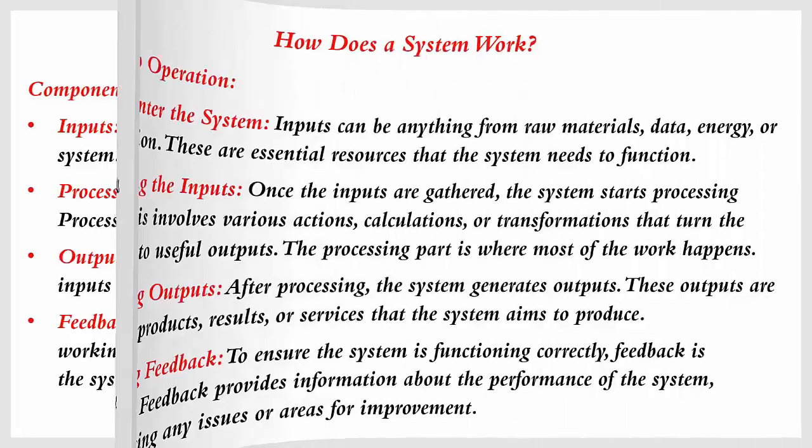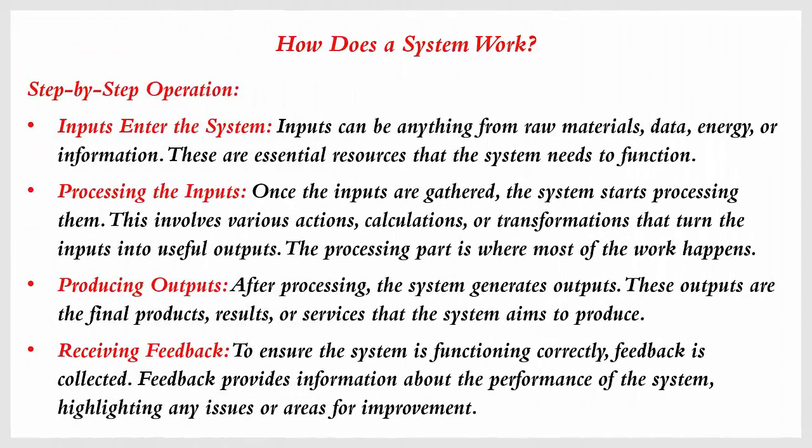How does a system work? Step-by-step operation. 1. Inputs enter the system. Inputs can be anything from raw materials, data, energy, or information. These are essential resources that the system needs to function. 2. Processing the inputs. Once the inputs are gathered, the system starts processing them.